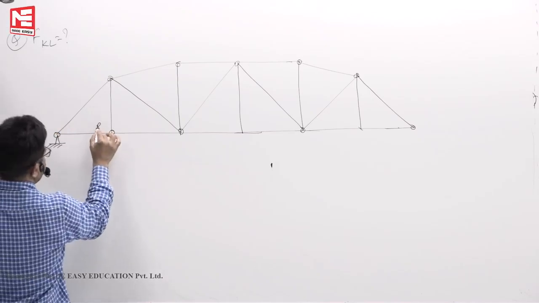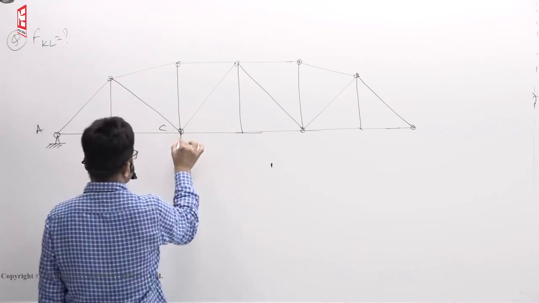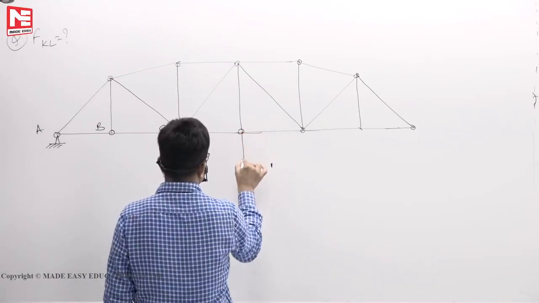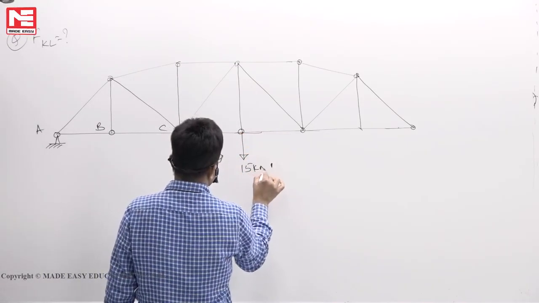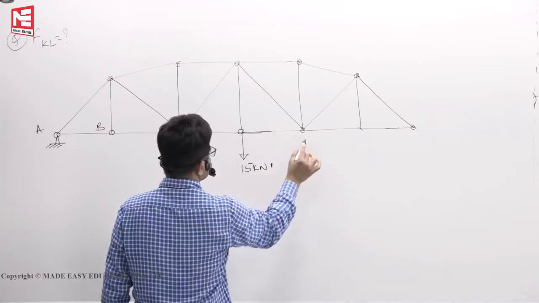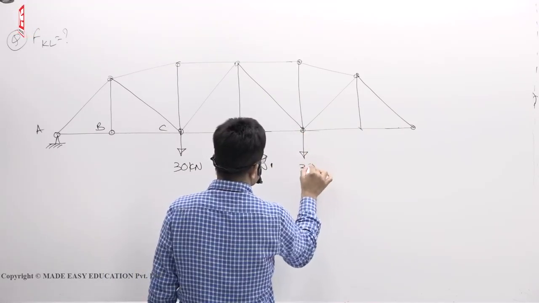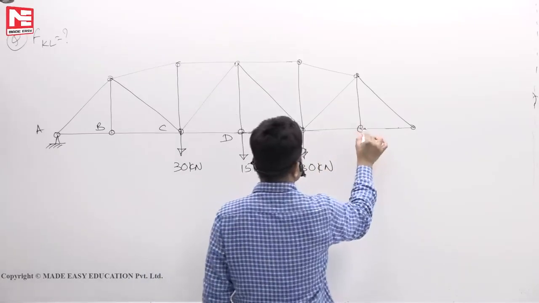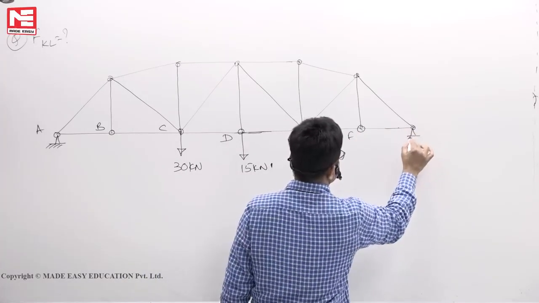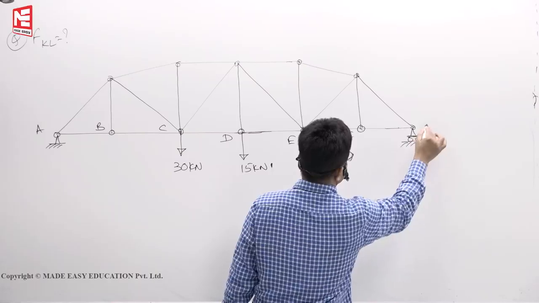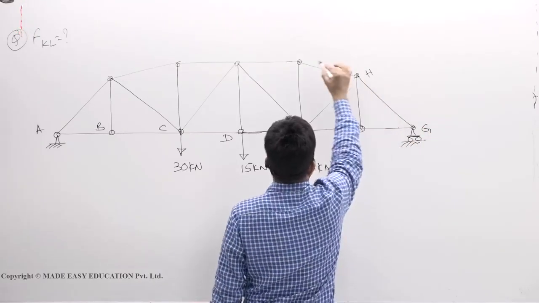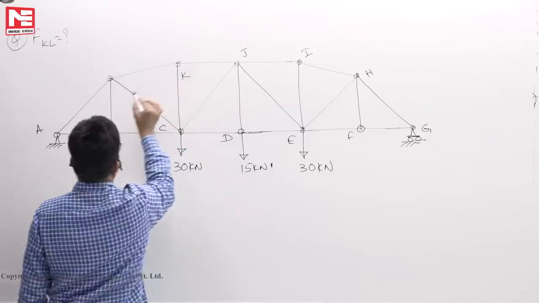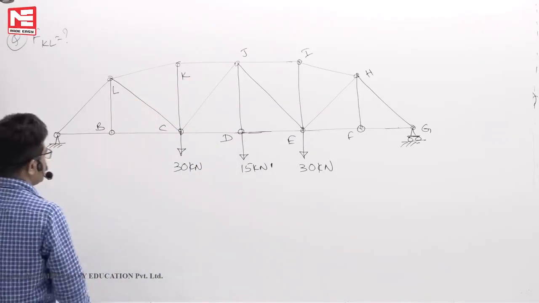Let us say this is A, B, C, 30 kilonewton, 15 kilonewton, 30 kilonewton. This is the problem, let us say.